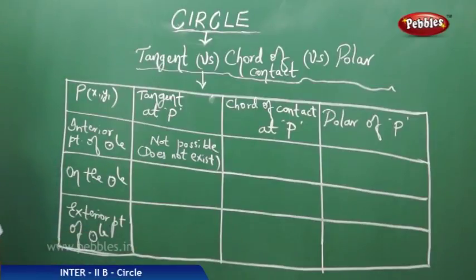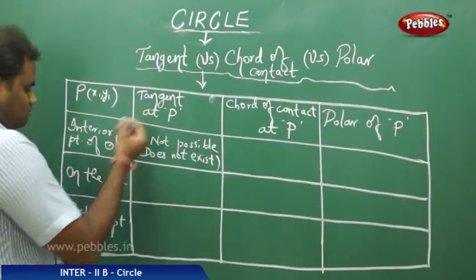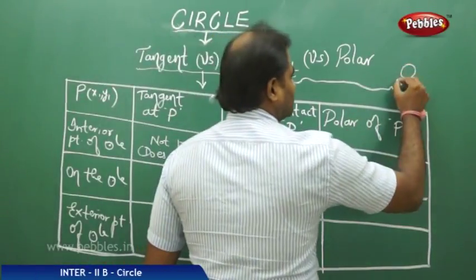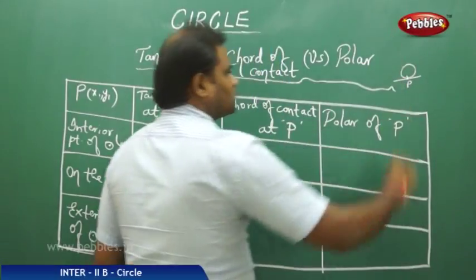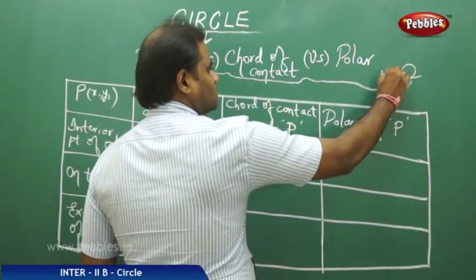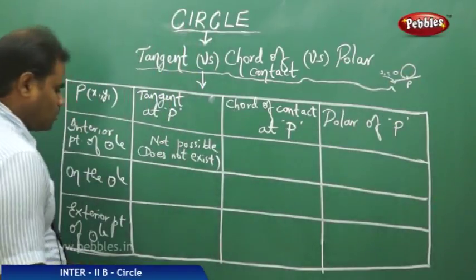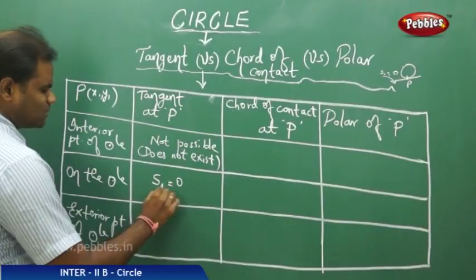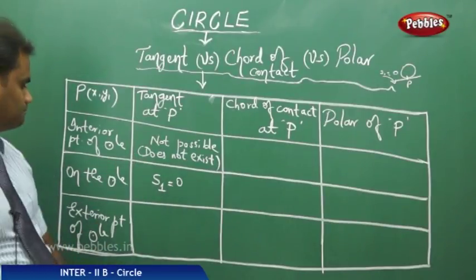So the tangent does not exist if P lies inside, and if the point is on the circle, then we all know that we have a tangent at P, that is given by S1 equal to 0. So therefore, for a point on the circle, the tangent is S1 equal to 0.